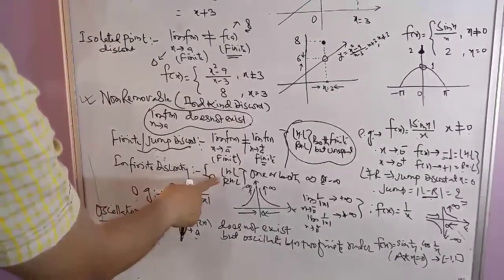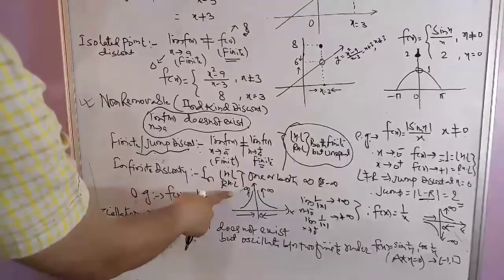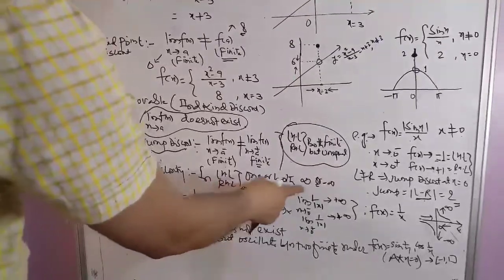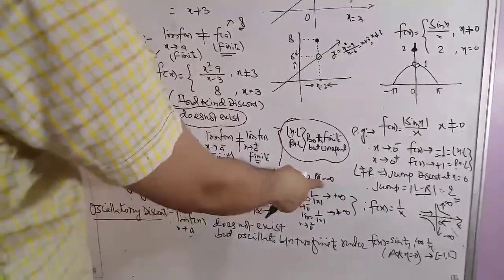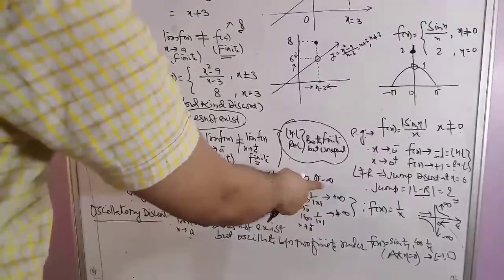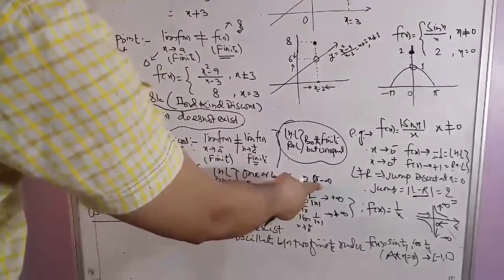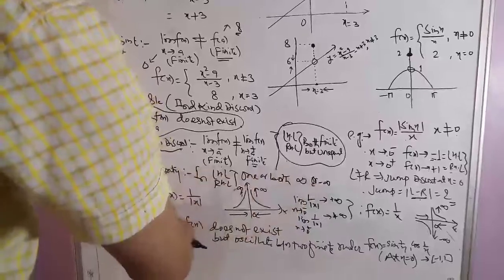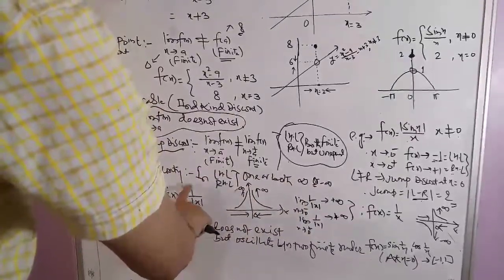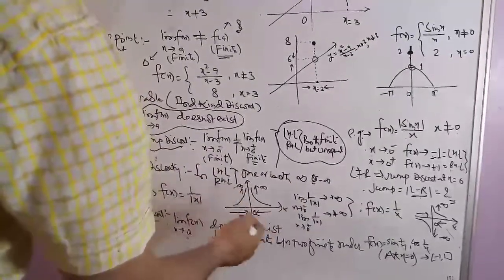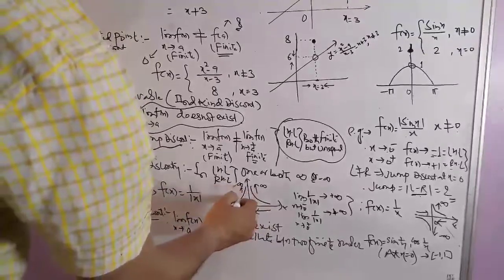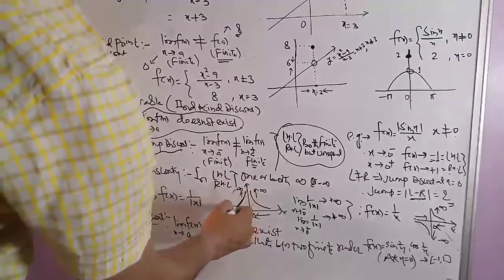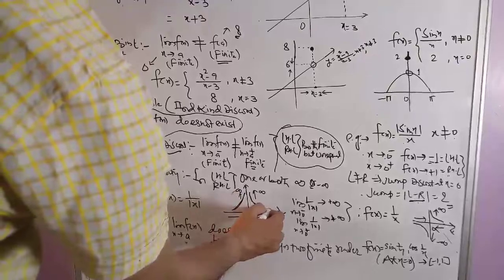Next, infinite discontinuity, which we also call asymptotic discontinuity. If the left hand limit or right hand limit, one or both, is infinity or minus infinity, in this case we call the discontinuity infinite discontinuity. As for example, f(x) equal to 1 upon mod x. The graph of 1 upon mod x has this curve and this curve, in the first quadrant and second quadrant.